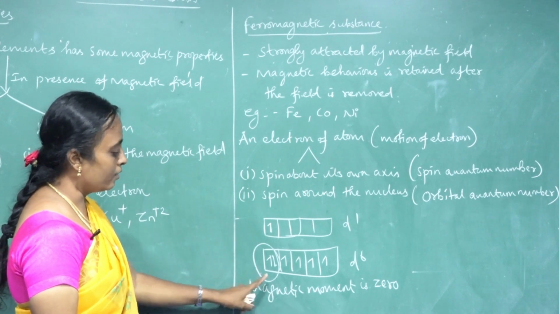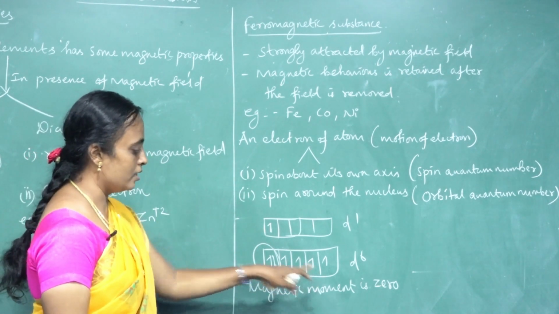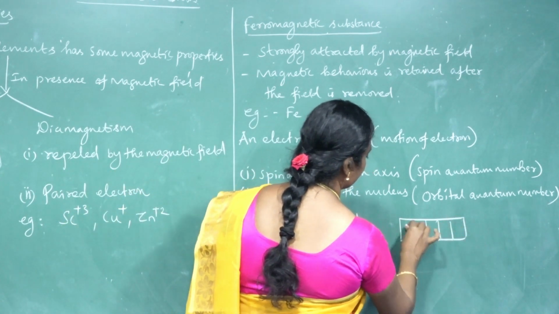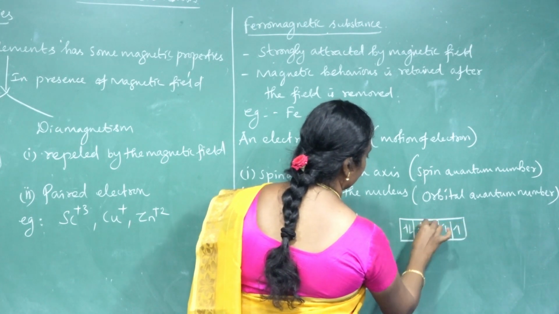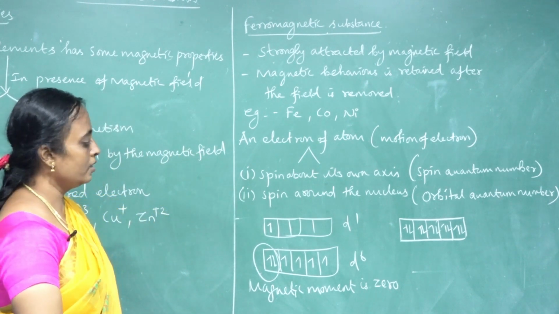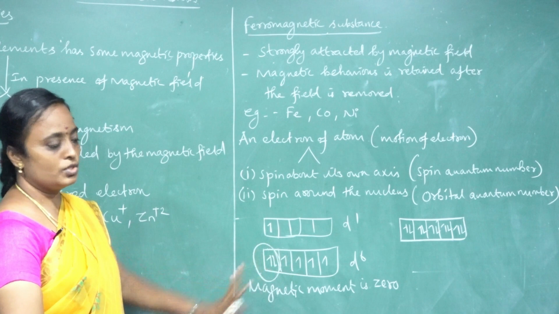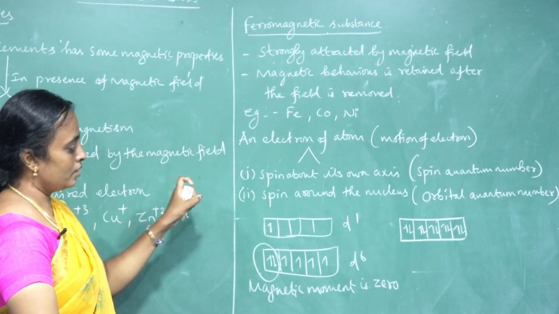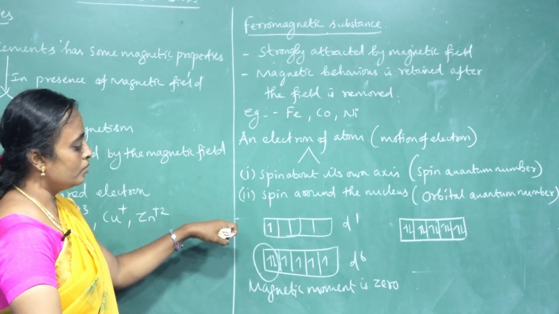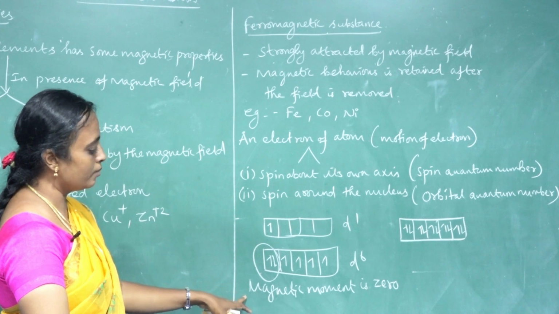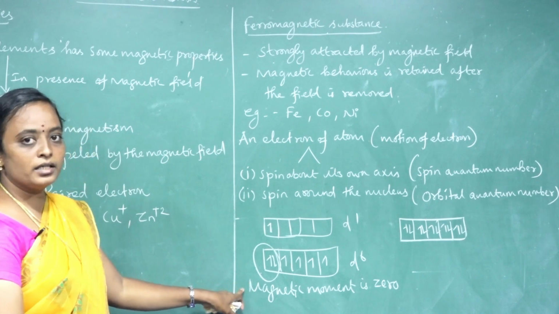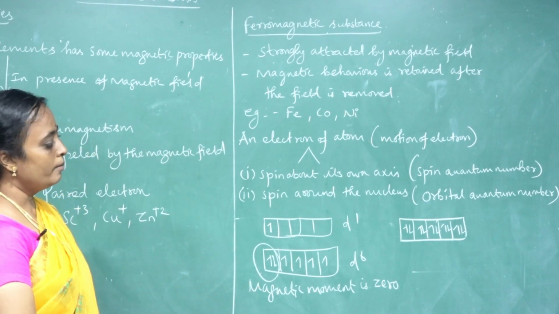If all the electrons are paired in the d orbital, there is no magnetic moment; the magnetic moment value is 0. So for an electron there are two things to remember: spin about its own axis and motion around the nucleus, and based on that we discuss the magnetic moment. So how can you calculate the magnetic moment?